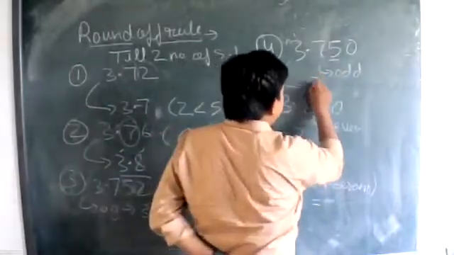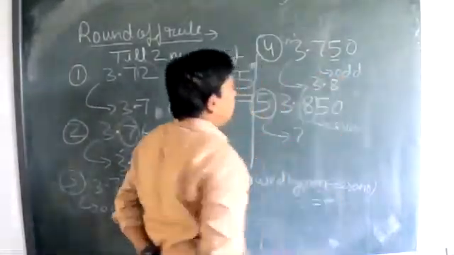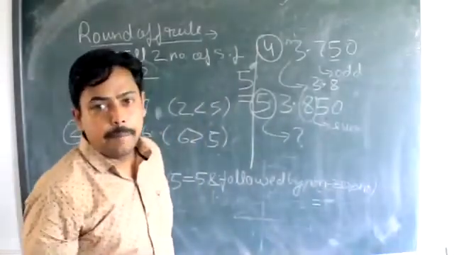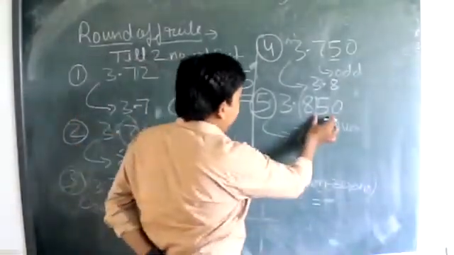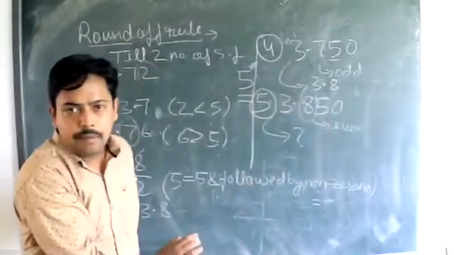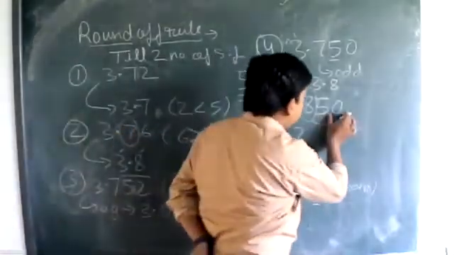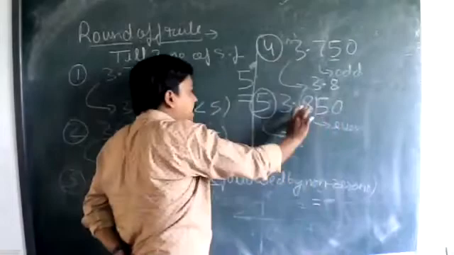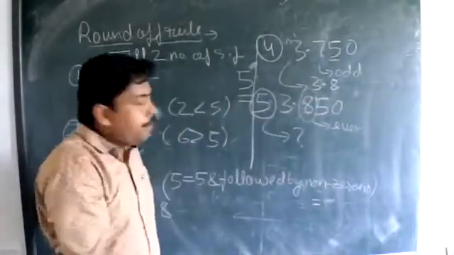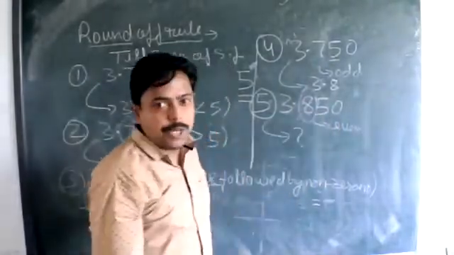That means it will come down to 3.8. But if this is a 5 which is equal to our parameter 5 and it is followed by 0, what will be the value of the number preceding this 5 after elimination?